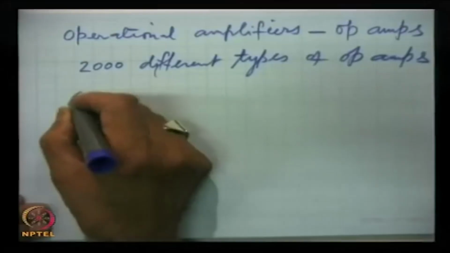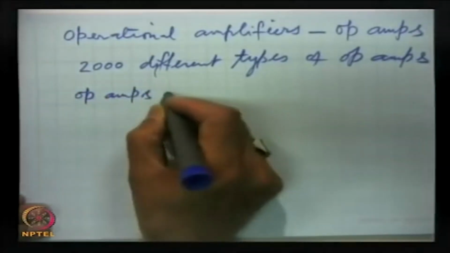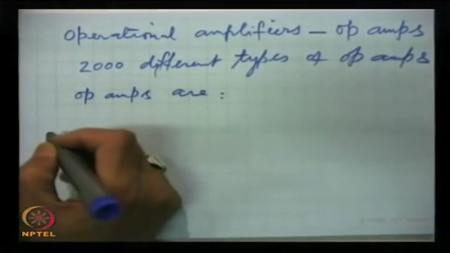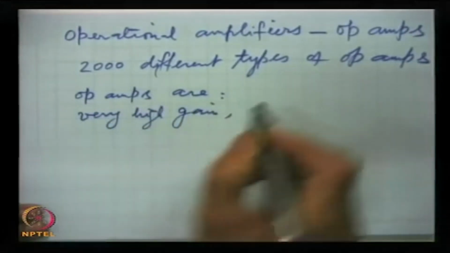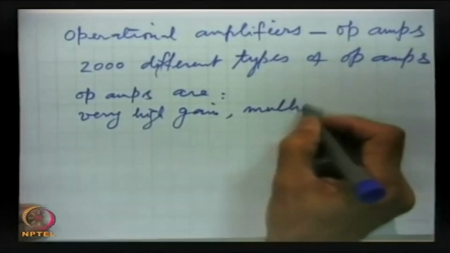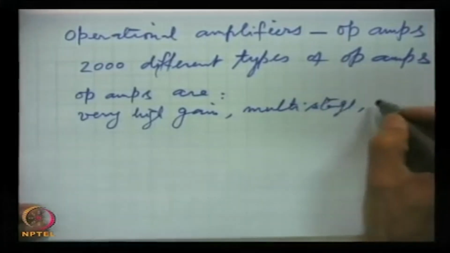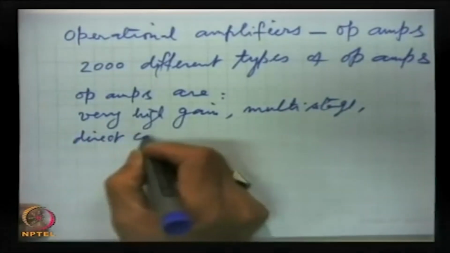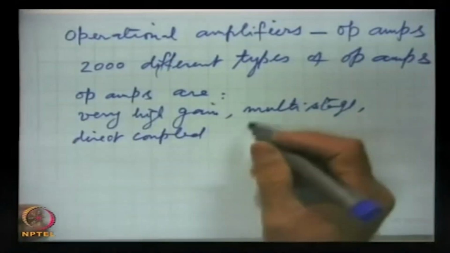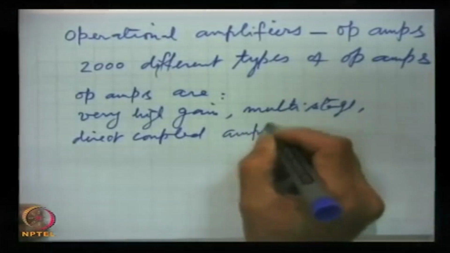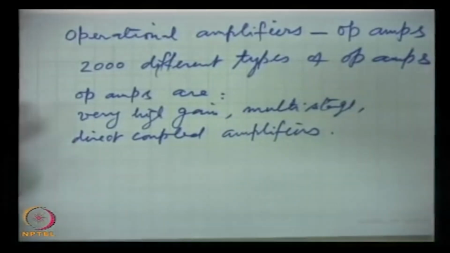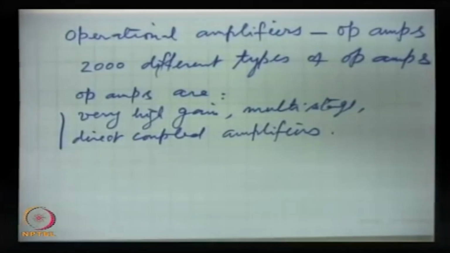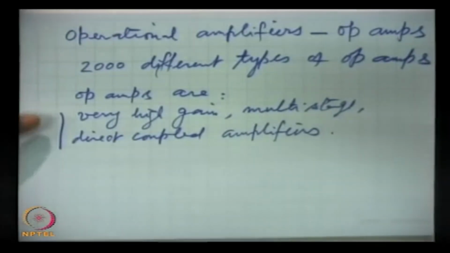Now, what are op-amps? Operational amplifiers are very high gain, multi-stage, direct coupled amplifiers. These are the main important points about operational amplifiers. They have very high gain.